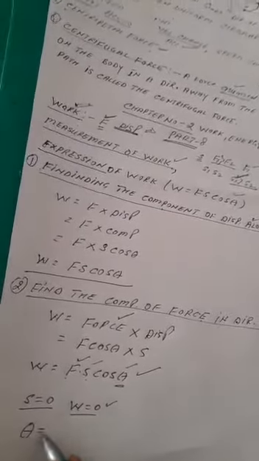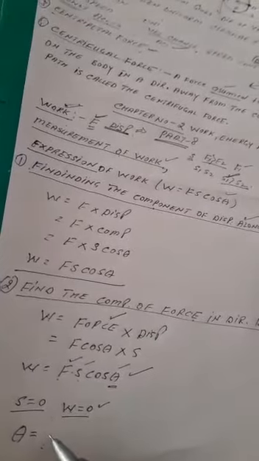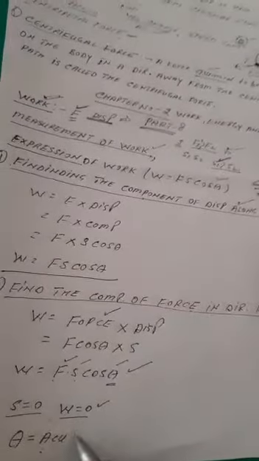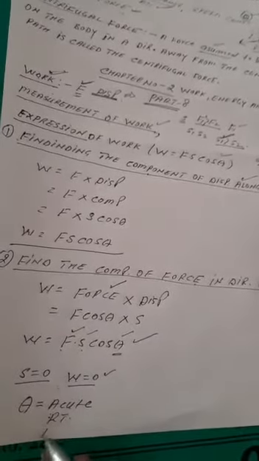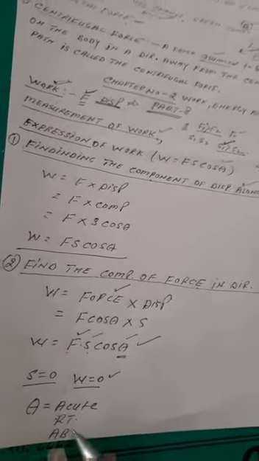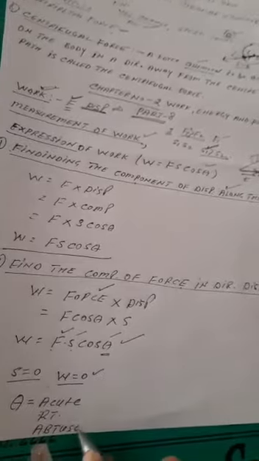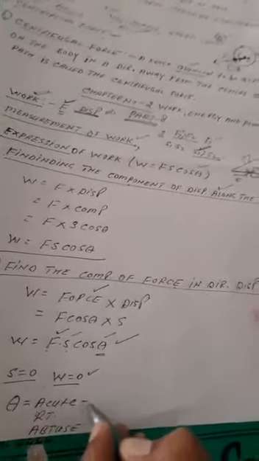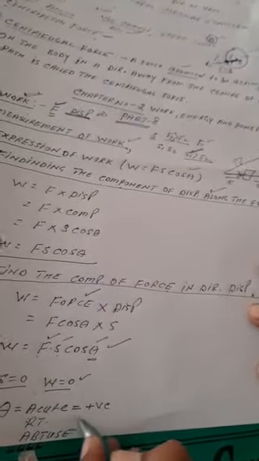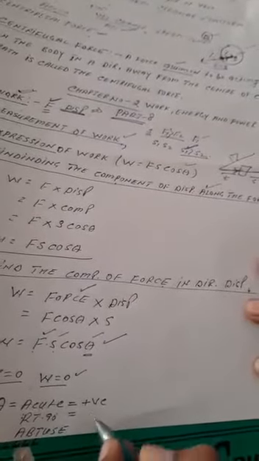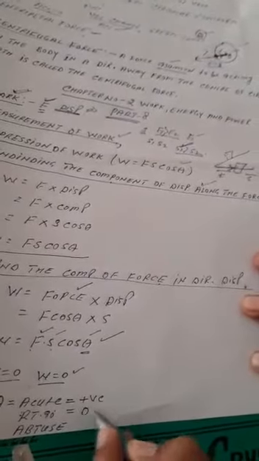Theta means angle. Now this angle may be acute, that means less than 90. It may be a right angle. It may be an obtuse angle. Obtuse means greater than 90. So if it is acute, then work done will be positive. If it is a right angle, that means 90 degrees, in that case the work done will be 0.